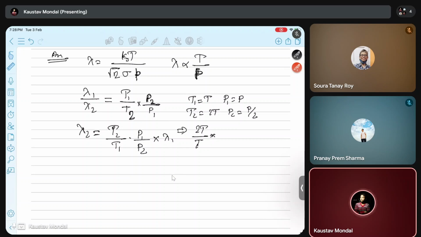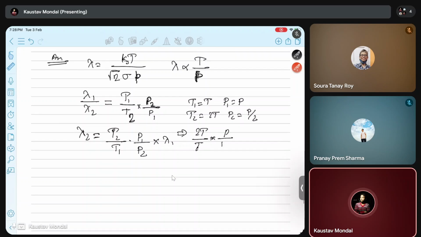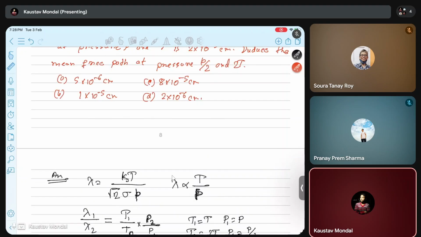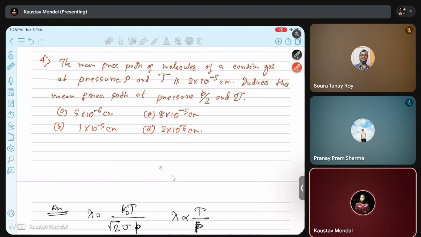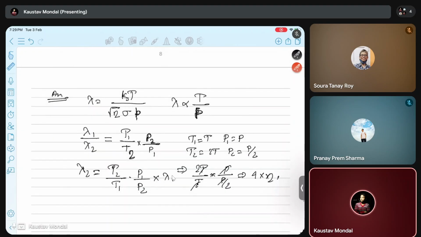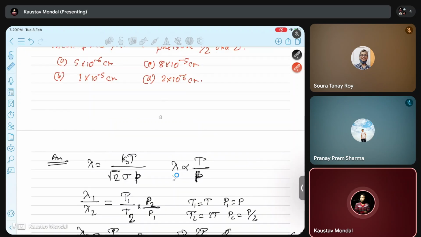So 2T by T and P by P by 2, so it becomes 4 into 2 into 10 to the power minus 5, so it would become 8 into 10 to the power minus 5 centimeter. Okay. So the answer would be this one.